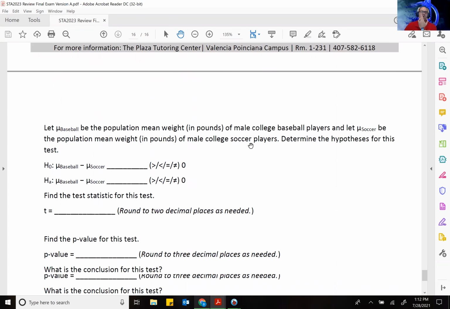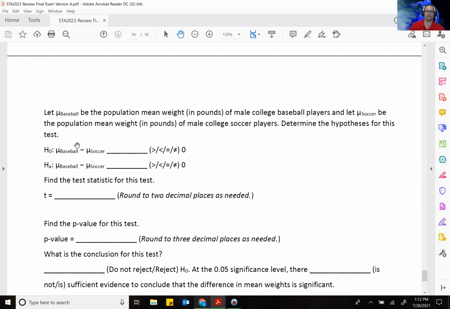Obviously you can see this is definitely a two-sample test because you see two samples here, a mu1 and a mu2. So what goes in that first blank? Equal. Perfect.